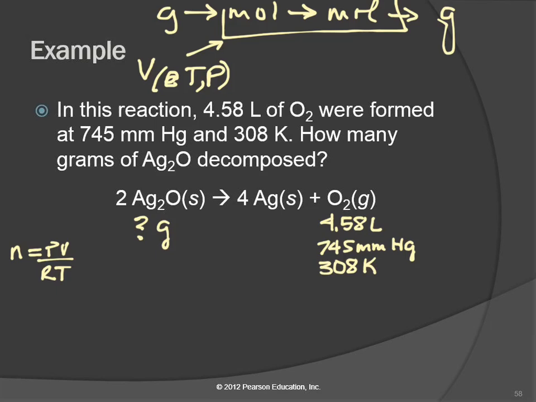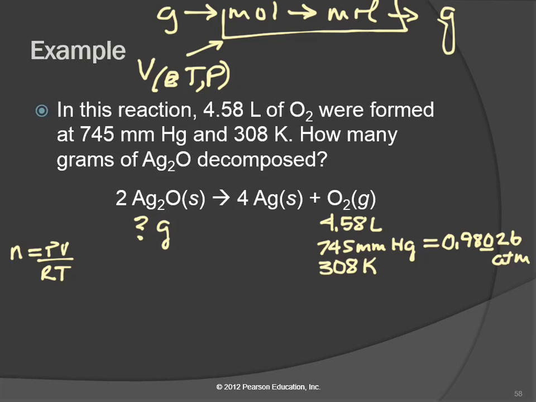No. It needs to be in atmospheres. So we need to convert that to atmospheres. We would do that by dividing by 760. Converting this to atmospheres, we get 0.980, and I'm going to throw in 2 extra digits, and that's atmospheres. Is Kelvin a good unit for temperature? Yes, it is.